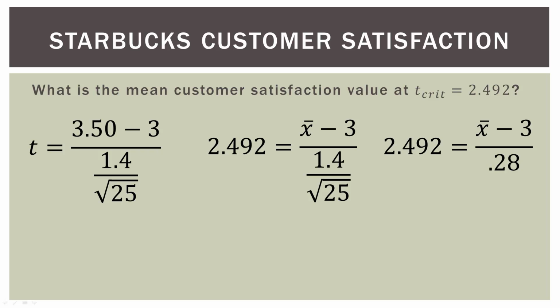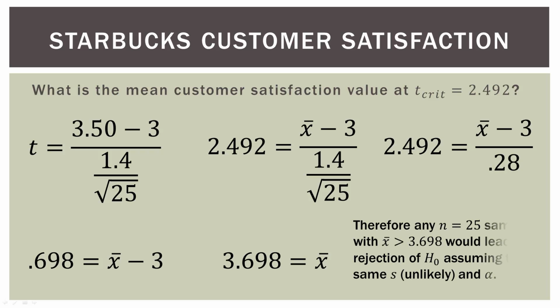So we'll simplify our denominator. That's 0.28. We'll multiply both sides by 0.28. So we have 0.698 equals x bar minus 3. We'll simplify that, and we have a sample mean of 3.698.